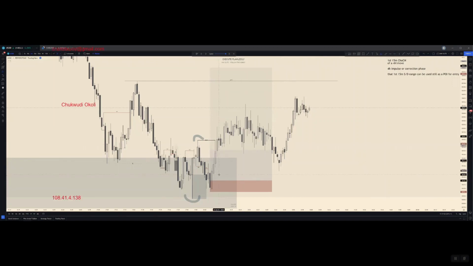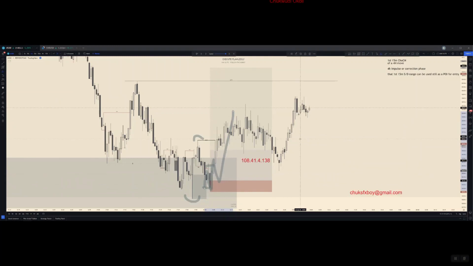Right then. Like this is a 1 minute chop as well. A 1 minute internal chop. You're saying internal to the range. Yeah. That's only if the 1 minute POI does not get mitigated or the 15-second does not give you an entry. Then just wait for the 1 minute to chop inside and try and take that entry if it gives you.